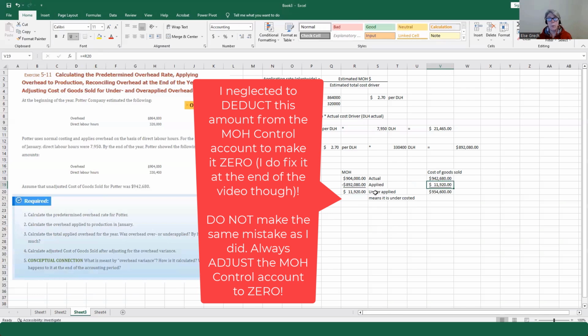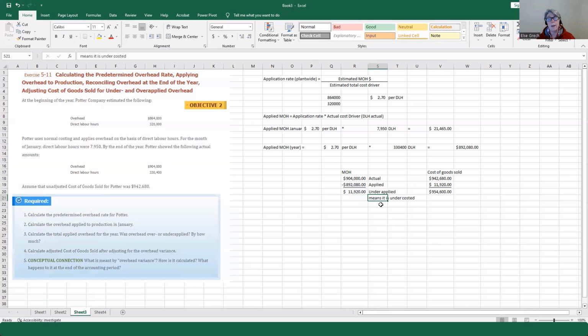This is why it's so important to be able to understand if it's under applied, because if it's under applied, it's under costed. Our cost of goods sold is too low. We got to up it. If it's over applied, it's over costed. We got to reduce it because it's too high. So this is why understanding when it's under applied and when it's over applied is so critical.